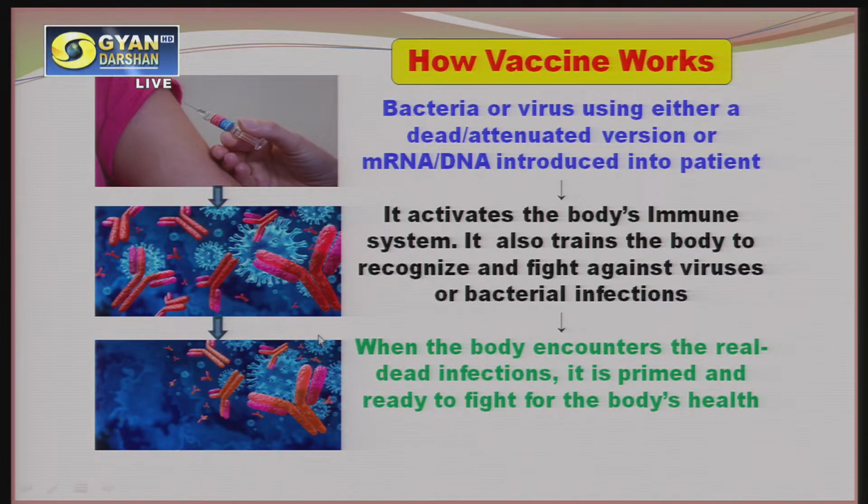Another thing I want to discuss is how vaccines work. You can see in this figure it is basically a mixture of bacteria or viruses, using either dead or attenuated versions, or mRNA or DNA, introduced into the patient. In this injection there are a number of possibilities: dead or attenuated bacteria or viruses, mRNA, DNA, or some polysaccharides.